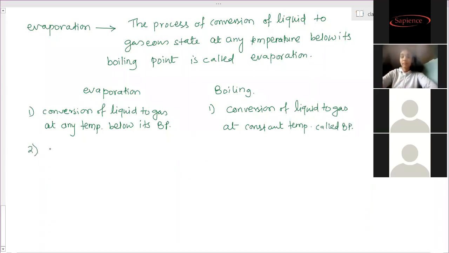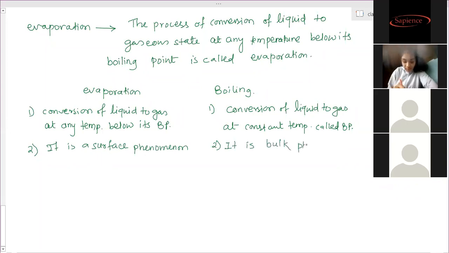Then next you can write, it is a surface phenomenon, and it is a bulk phenomenon. Third point, it causes cooling. It does not cause cooling.